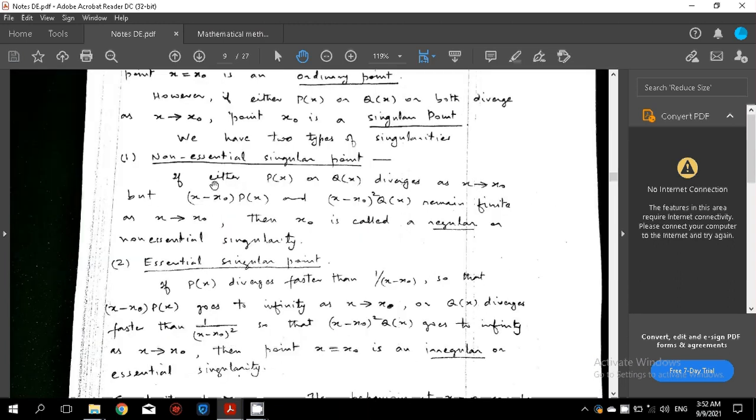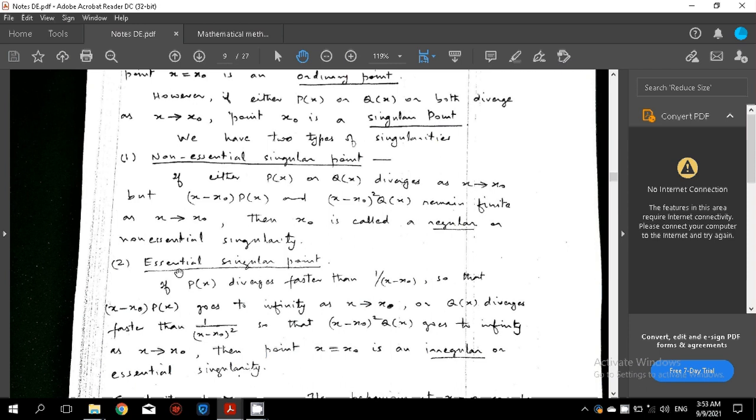But if we multiply P with x minus x naught and we multiply Q with x minus x naught whole square, and now these terms become finite, although capital P and capital Q are individually infinite, it would mean that we are having a non-essential singular point or regular singular point of the differential equation.